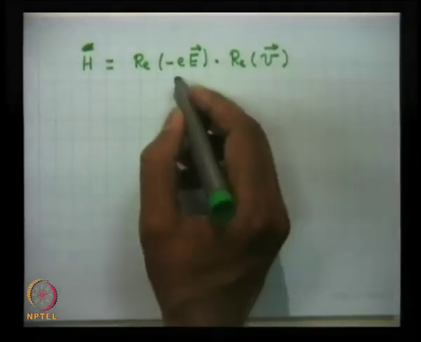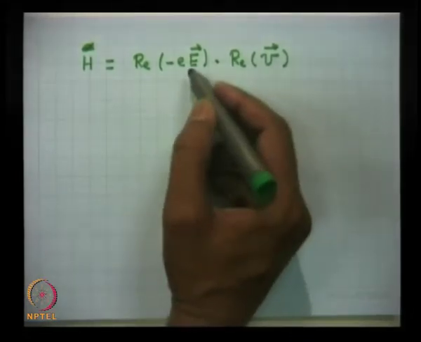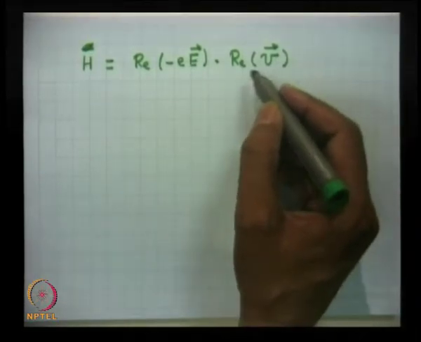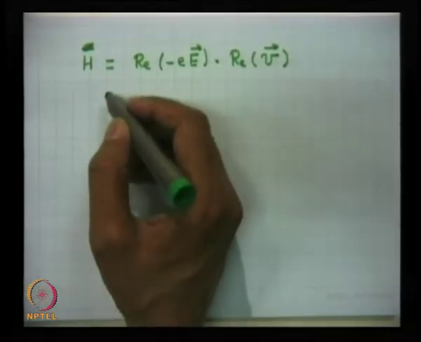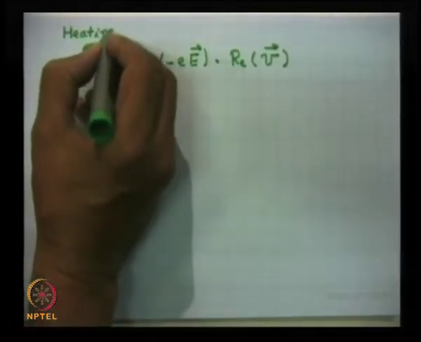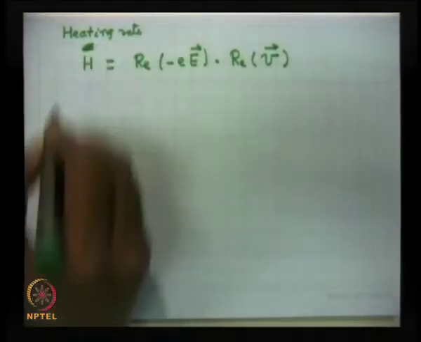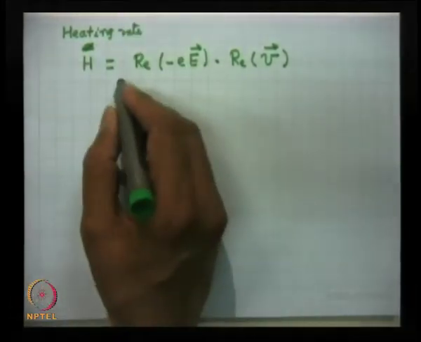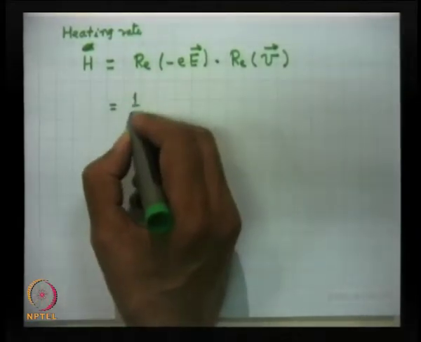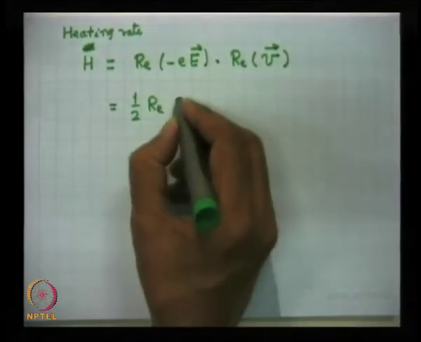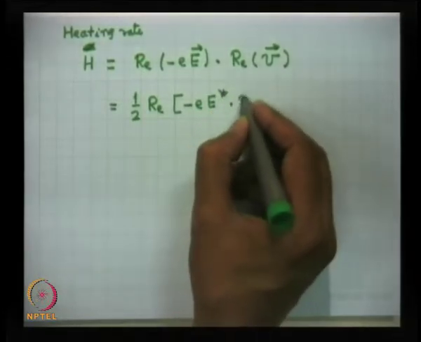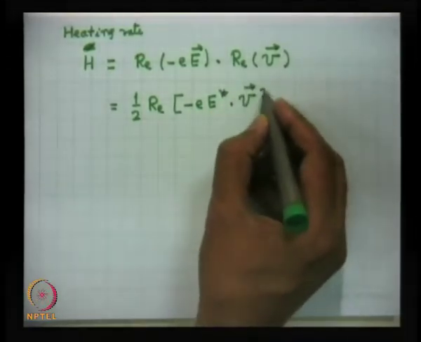So, when you take the dot product of these two quantities, the real part of this electric force with the real part of velocity, you will get the heating rate of electrons by the electric field per second, and by using the complex number identity this becomes this, into the real part of −E* dot V. This is called time average.